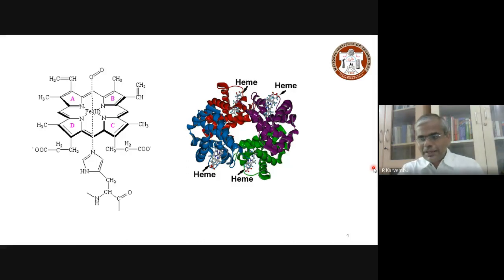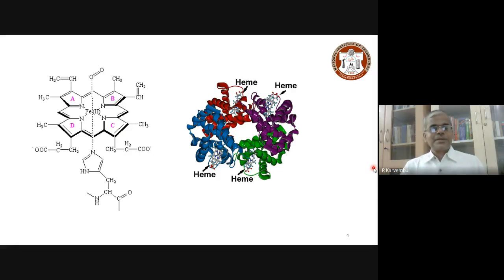In a complex, you have a metal, you have a ligand. The function of the complex is mainly centered on the metal ion. The metal ion does the function, whether it is a catalysis or it is a drug. In any application you see, the function is happening at the metal center.